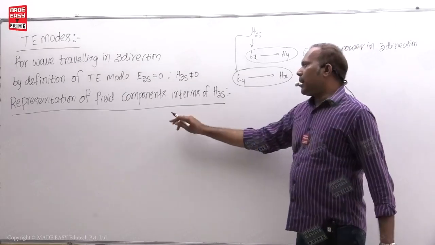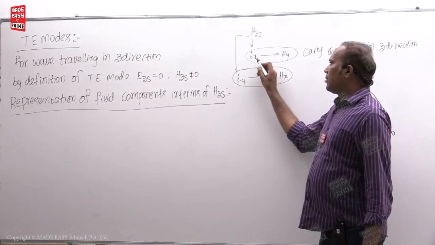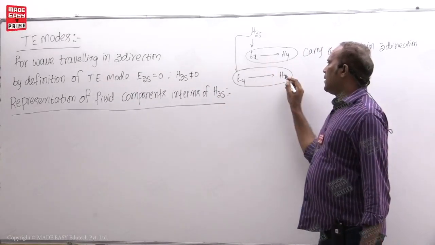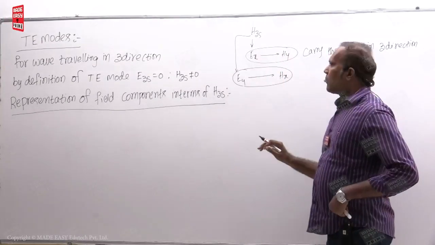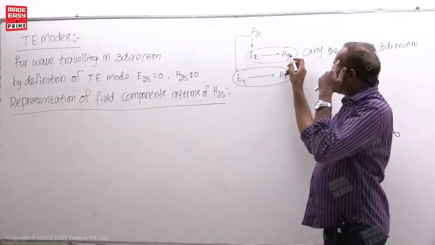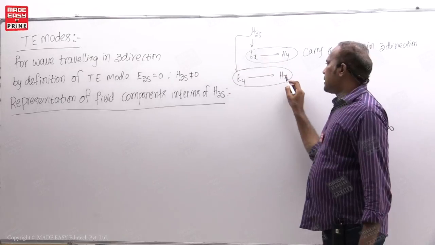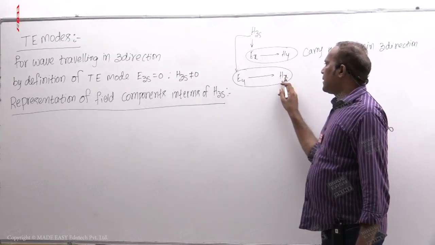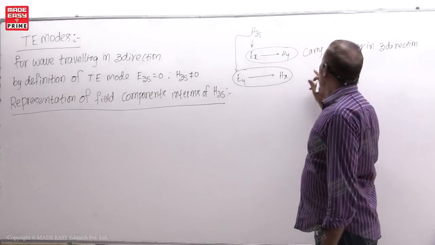That means representation of field components means Ex, Ey, Hx, Hy. They are all generated from Hz. Or otherwise, you can say Hz generates this one, and if this is generated, this generates this one. Hz generates Hx also. If Hx is there, then automatically Ey is present. Then they carry the power in z direction.